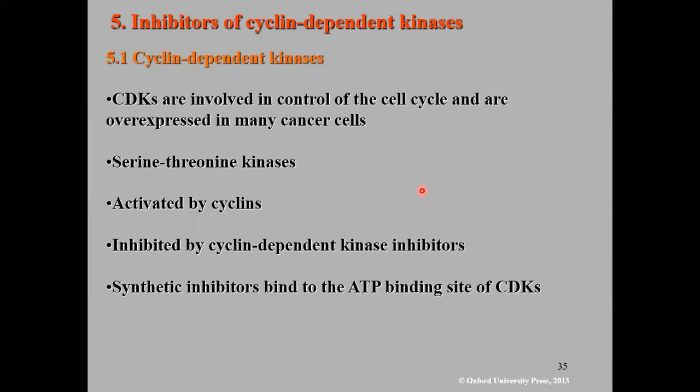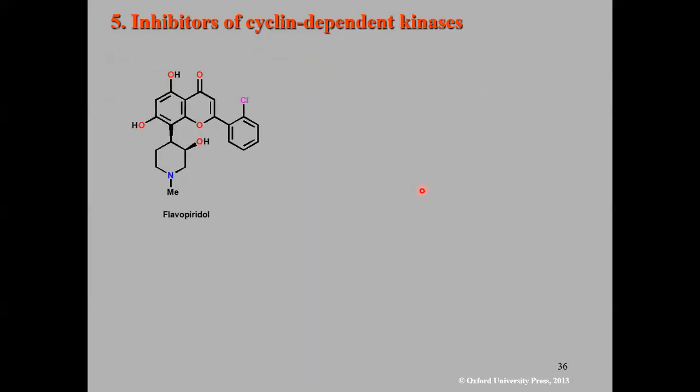Synthetic inhibitors bind to the ATP binding site of CDKs, just like the inhibitors of the tyrosine kinases that bind to the ATP binding site. The first example of those inhibitors is flavopiridol. You see the structure here of flavopiridol, and roscovitine, or what's called seliciclib. You can call it roscovitine or seliciclib, it's up to you.